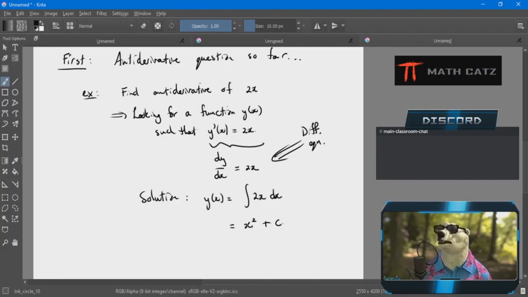A whole bunch. I don't know what c they are interested in. So I keep it general, and I call this the general solution to this differential equation.